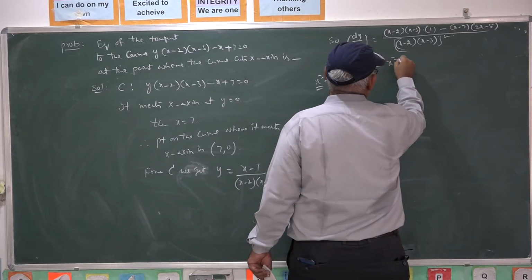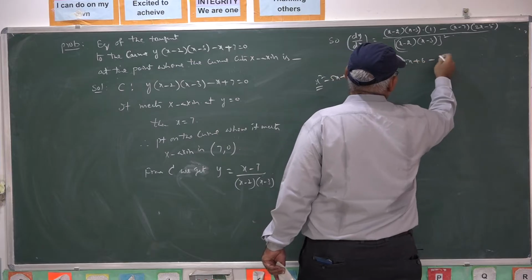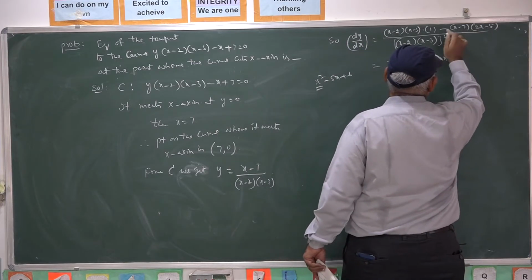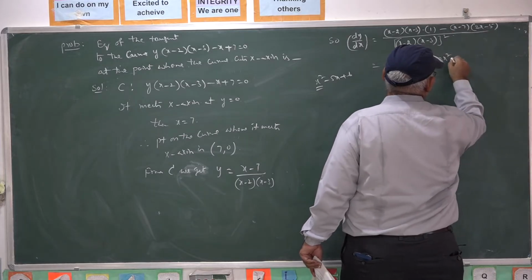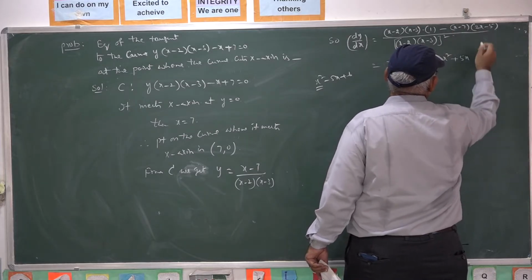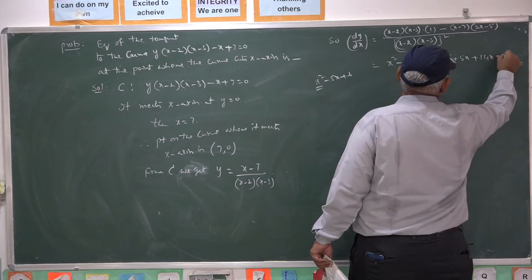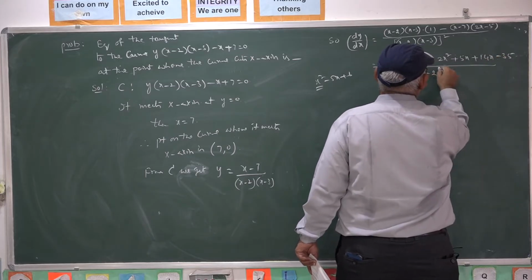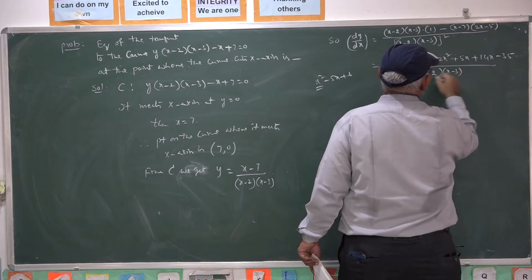So this is x square minus 5x plus 6 minus 2x square plus 14x minus 35, over ((x minus 2)(x minus 3)) whole square.